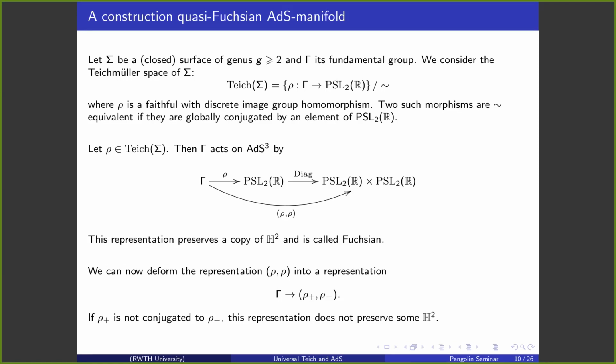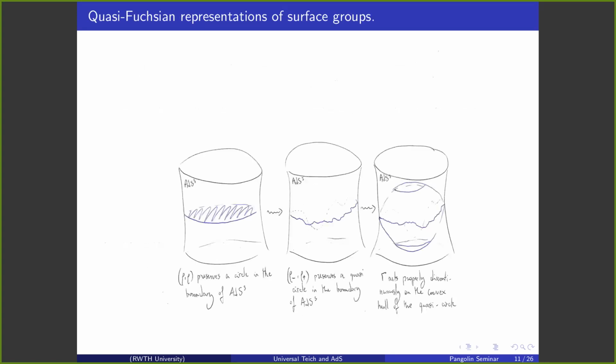And before that, let's see what is happening geometrically. Let's do the parallel of this algebraic story in the geometric context. So at time 0, when I haven't started deforming, the Fuchsian representation preserves a plane which is isometric to H2, and in particular it preserves also the boundary of this plane, which is a nice circle at this point.